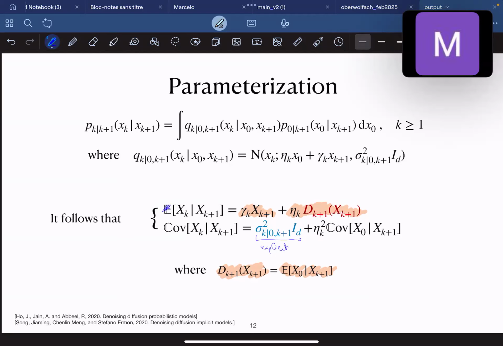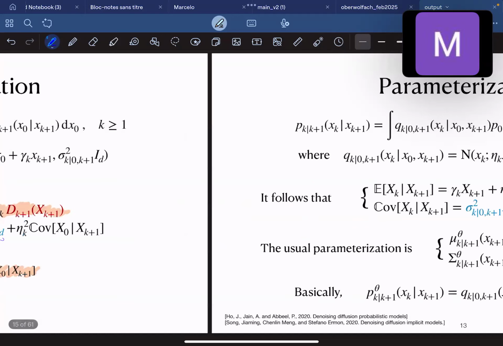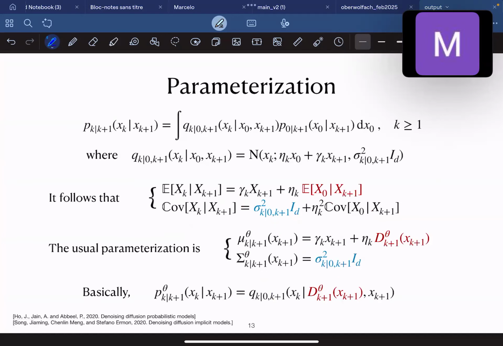So the idea in DDPM is that, based on this decomposition of my ideal approximation, the best Gaussian approximation that I could dream of, the DDPM parameterization of the mean and the covariance follows the exact same structure for the mean.